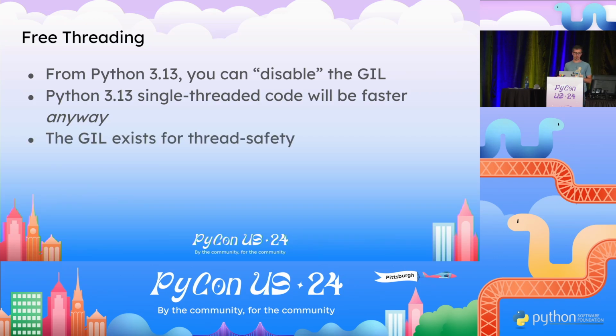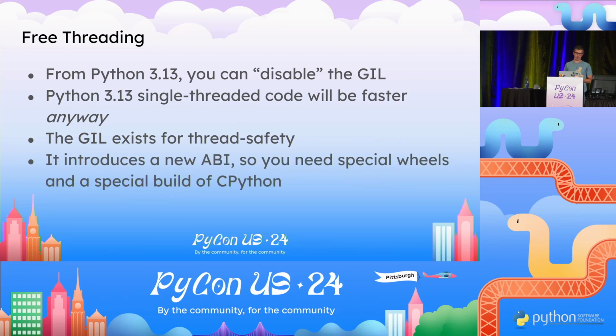And remember that the GIL exists for thread safety. And that's a super important point. The free threading change introduces a new ABI, which is like API, but with a B. So you need special wheels and a special build of CPython.